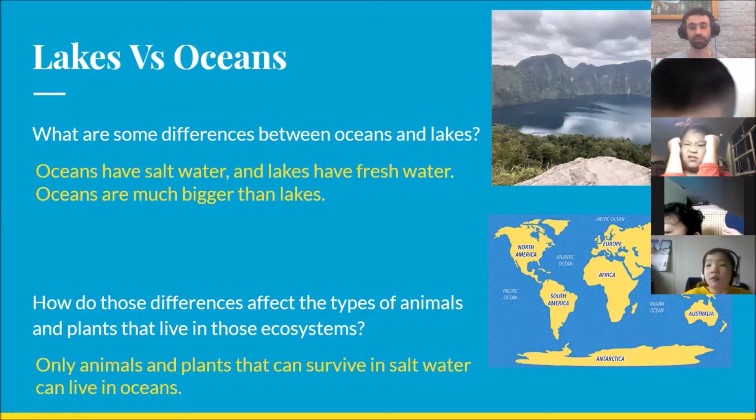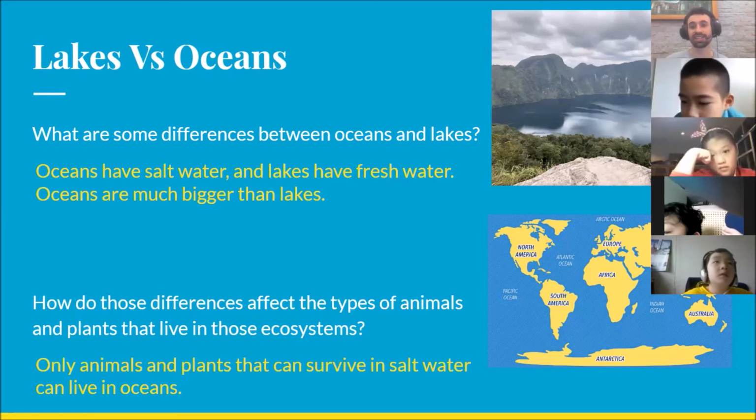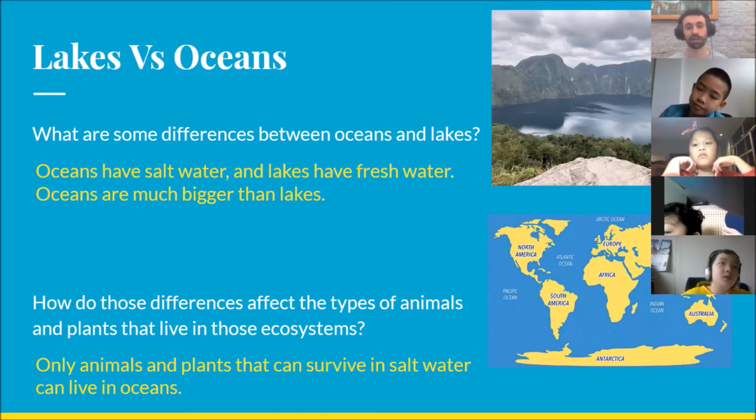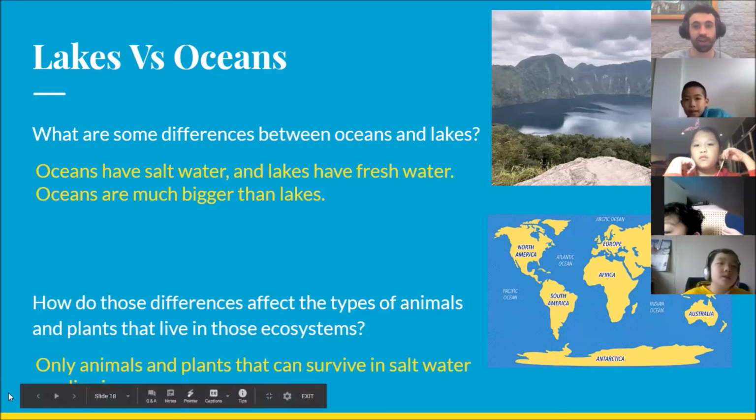Salt dries things out, okay? Even though it's wet, the salt would dry things out. That fish would just shrink up and be gone, or it would swell up with salt. So fish cannot survive unless they're built to survive in salt water.